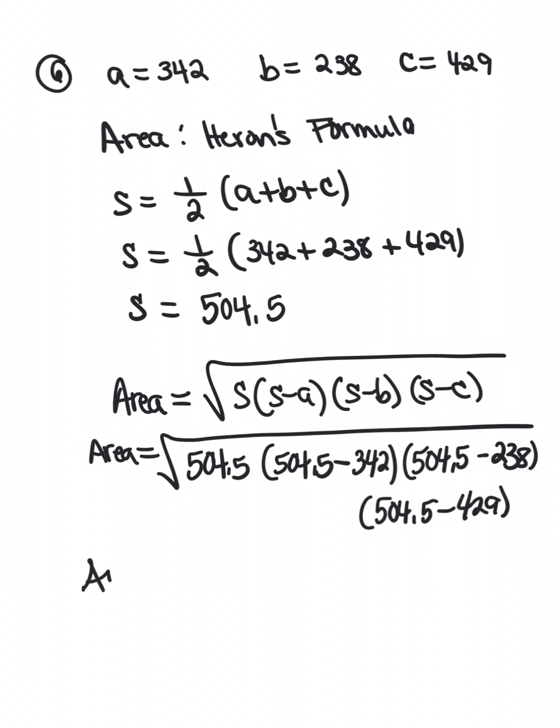When I put that in the calculator, you can just put in what's under the radical and then take the square root if that's easier for you. But if you put it all in one go, you need to make sure you put parentheses around the whole thing. So I got that the area was 40,614. And it was centimeters, so it's centimeters squared.